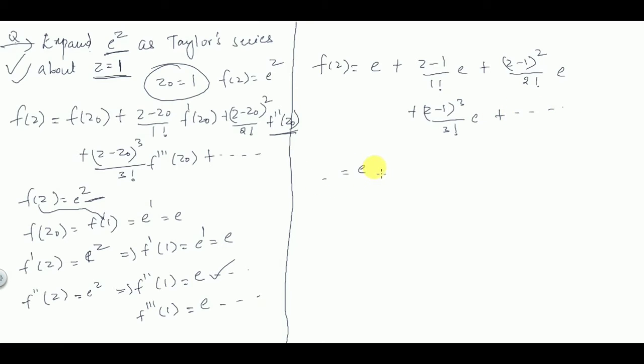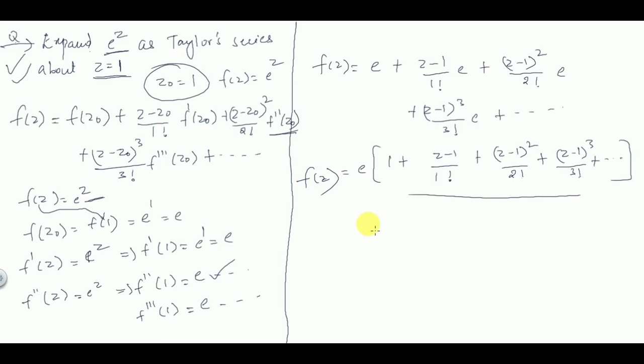So if you take e common, what you'll get? 1 plus z minus 1 by 1 factorial plus z minus 1 whole square by 2 factorial plus z minus 1 whole cube by 3 factorial, plus so on. Okay, so this is f of z, that is the expansion of e power z at z is equal to 1.